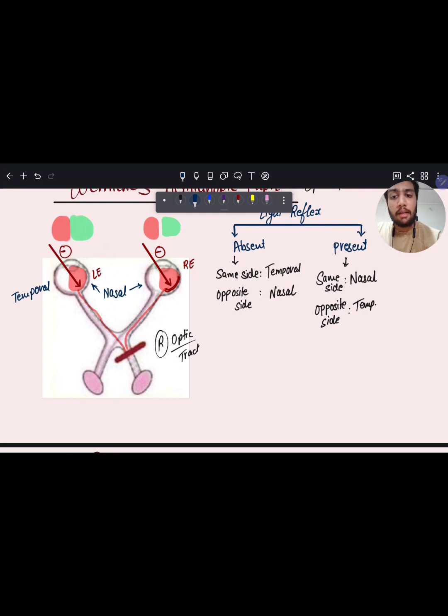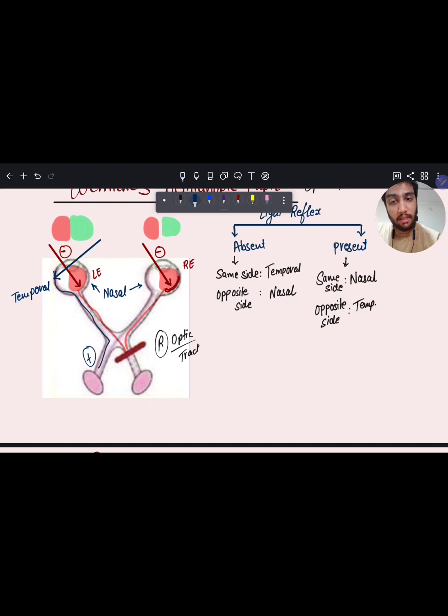So for example, if there is a lesion of the right optic tract, and we are throwing light on the left eye such that it falls on the temporal retina of the left eye, then we are going to have a positive pupillary reflex.